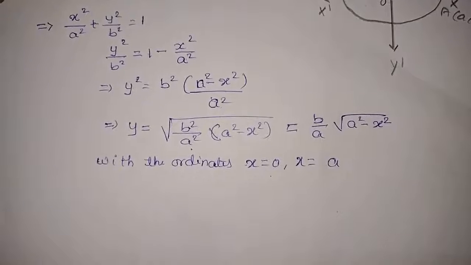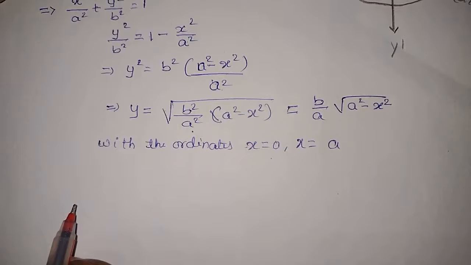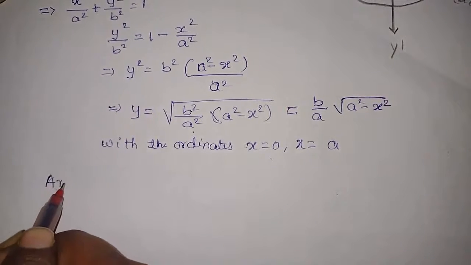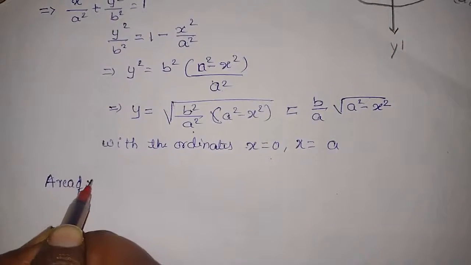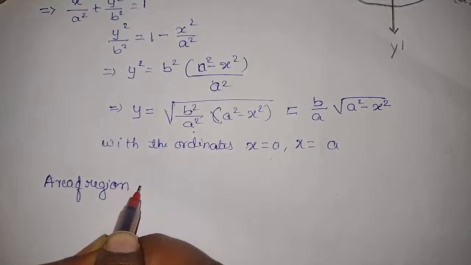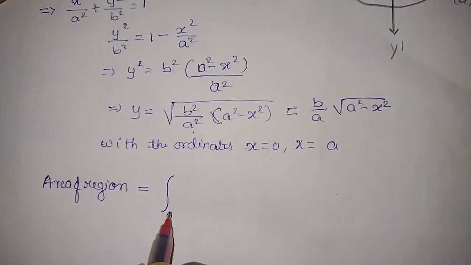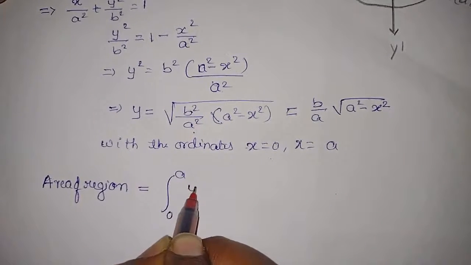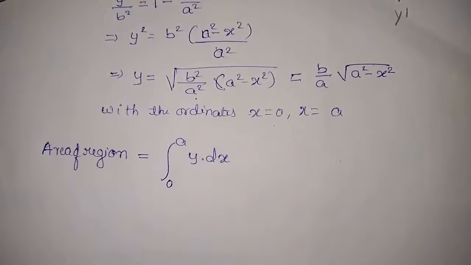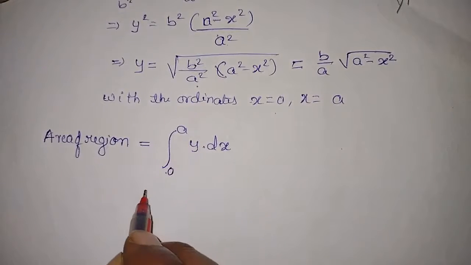Next, the area of the region, or the shaded region, is equal to integral of 0 to a of y into dx. This is the area bounded by the region.